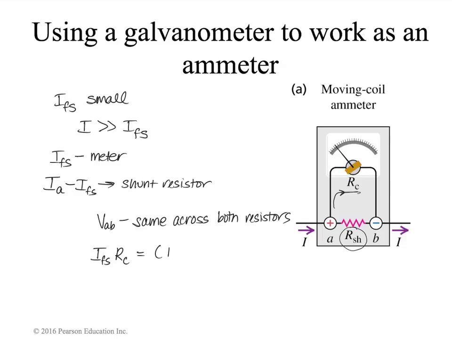And that would be the same as the potential difference across the shunt resistor. This is going to help us figure out, for different situations, how big would we want that shunt resistor to be, depending on how much current can go through our galvanometer and what kind of current we're trying to measure.